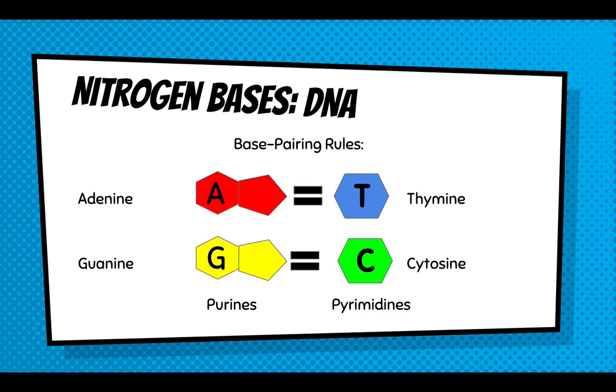Now, a couple other terms that correspond to our nitrogen bases are purines and pyrimidines. The way I remember these 2 words is purine is the little word, but it goes with the big 2-ring structure. Pyrimidine is the big word, and it goes with the little 1-ring structure. So thymine and cytosine are pyrimidines, and adenine and guanine are purines. You always pair a purine with a pyrimidine, okay?